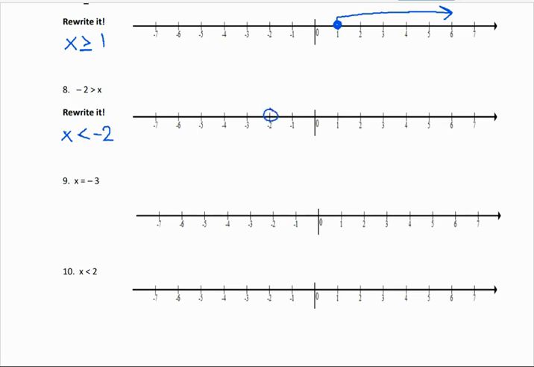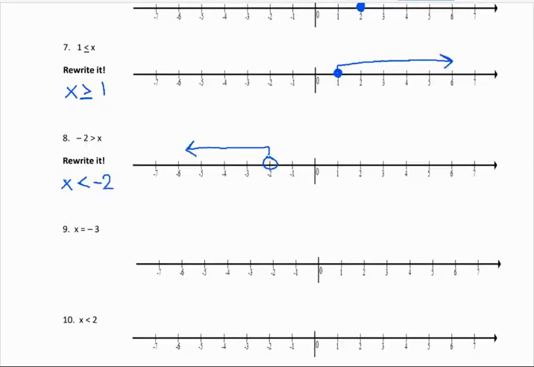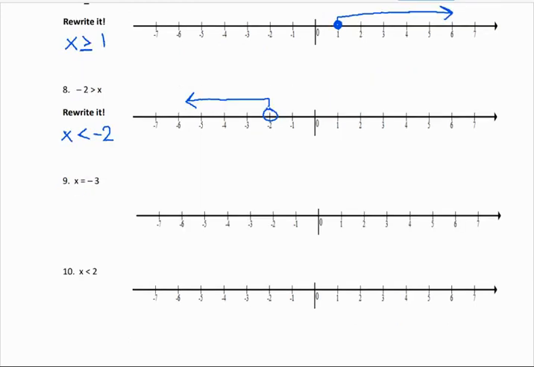Open circle. And it's saying x is less than. So I go to the left. Any questions? Okay.